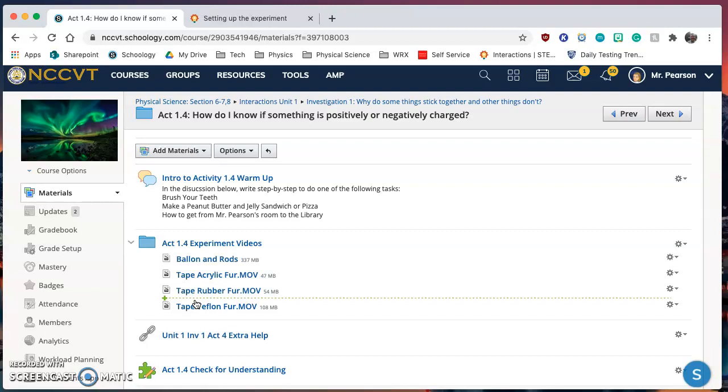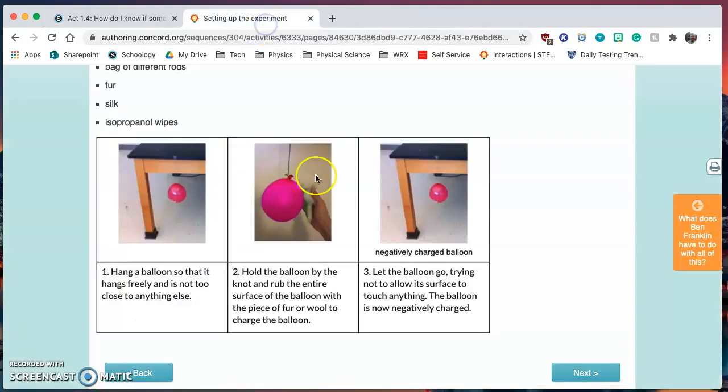So we start with this idea that when we rub the balloon with fur, it becomes negatively charged. If we know that that has a negative charge, we can see how the other rods become charged with the different patches, fur, silk, whatever.